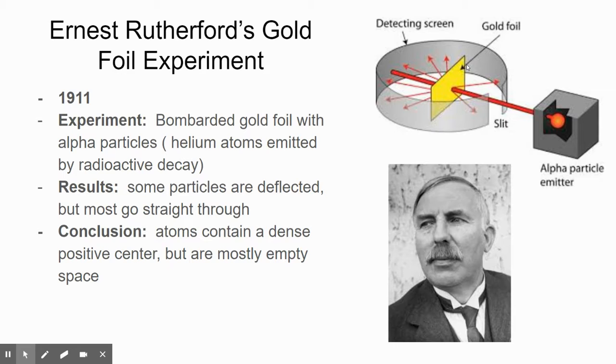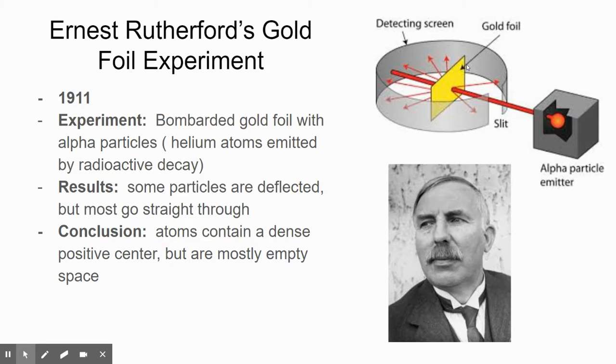He's throwing charged helium atoms at this gold foil, and he thought, well, if atoms are like Thomson said they are, then those particles should just bounce right back, because if it's a positive mass, the particles will hit it and bounce right back.